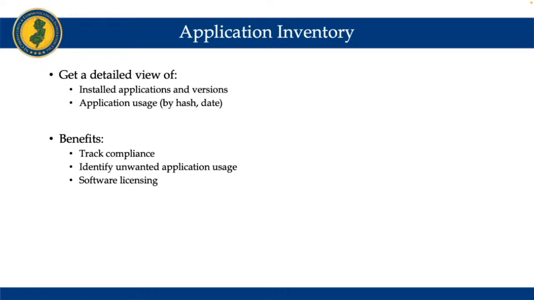So if users are able to download executables and run them, we can identify that activity. And then also along the IT lines, software licensing, just being able to count how many instances of a particular application you're using can be extremely important.